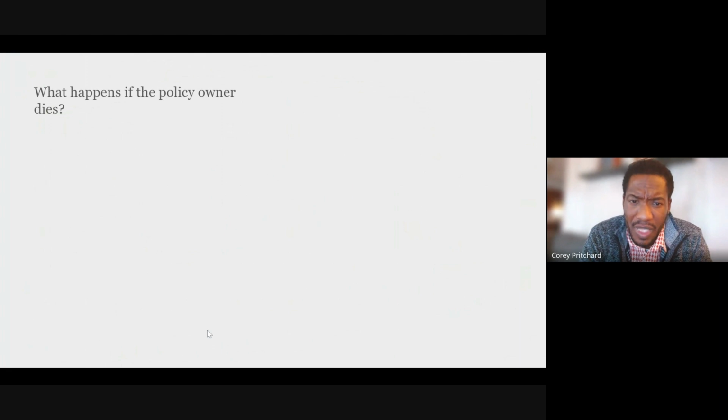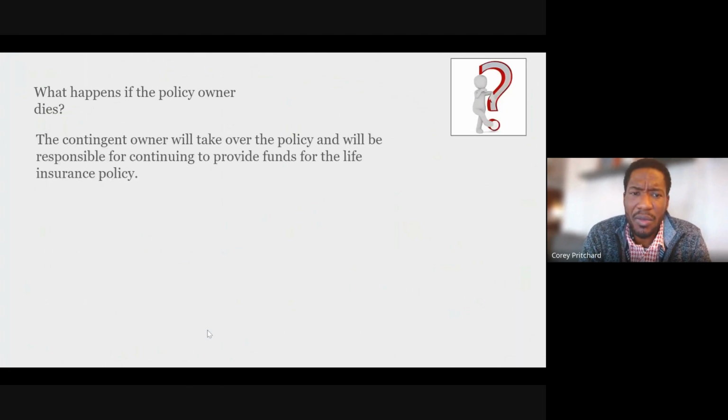So one question that somebody may have is, what happens if the insured dies, or if the policy owner dies? So if the policy owner dies, then we have a contingent owner that's set up. The contingent owner takes over. Now the great thing is that the policy owner has control of the policy.